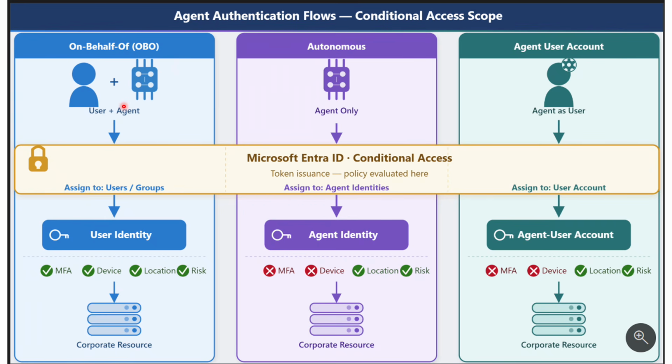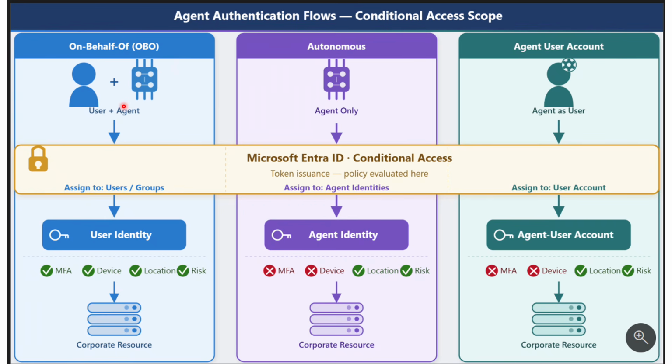Conditional access, therefore, evaluates the user, not the agent. You assign the policies to users and groups. So when we go into conditional access, if we want to create a policy for this type of agents, which are the most common, we target the users and groups. Because this is a human user, controls such as MFA, compliant device, that means Intune, right?